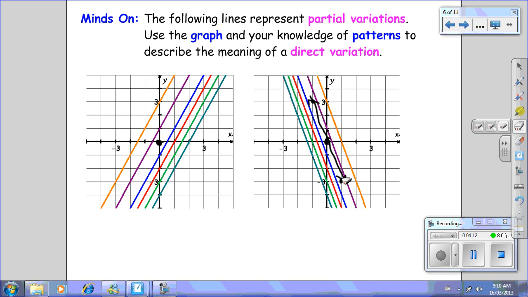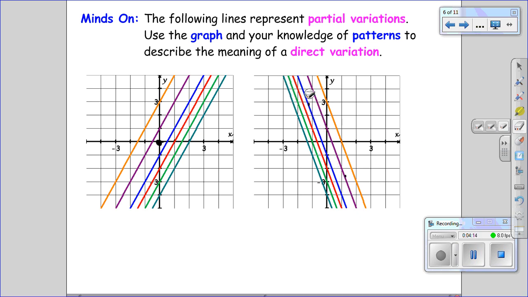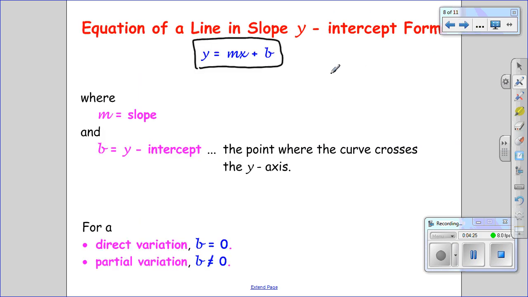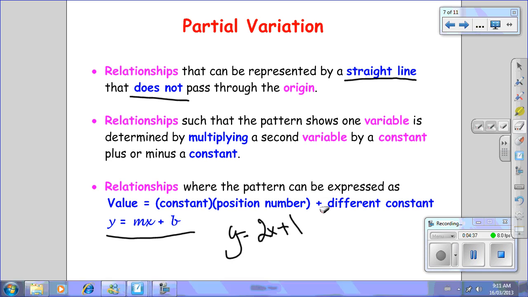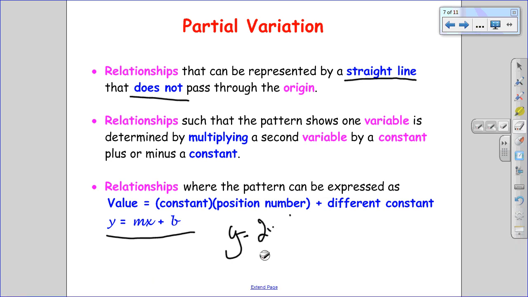That one didn't have a direct variation. What happened to all the points? They moved up 1. And that 1 is important, we called it the y-intercept. That's where it crossed through. And that was the difference in the equation of a direct and partial variation. That partial variation still had a slope of 2x, but all the points were moved up 1 from the origin, and that 1 represented the y-intercept.